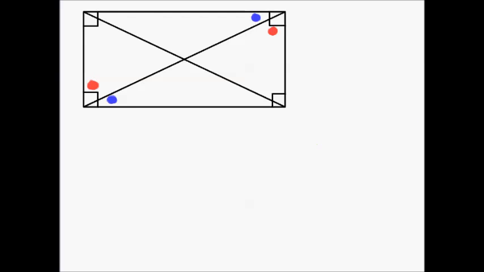But we get something interesting because of the fact that they are 90-degree angles over here. This angle is also the same as this angle, which is the same as all of those. And these are also the same.